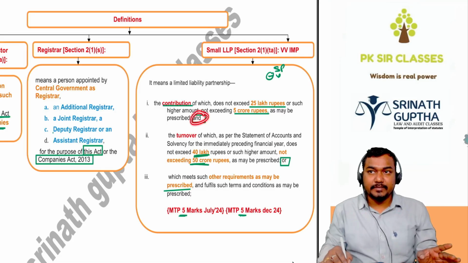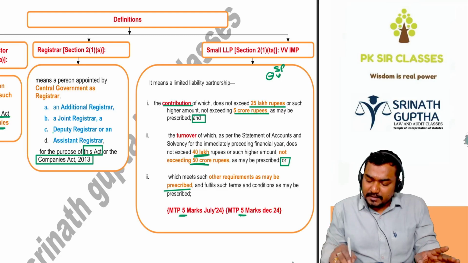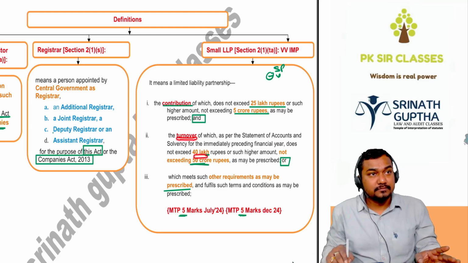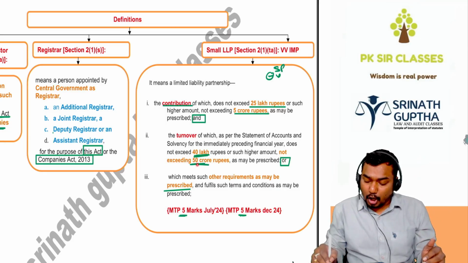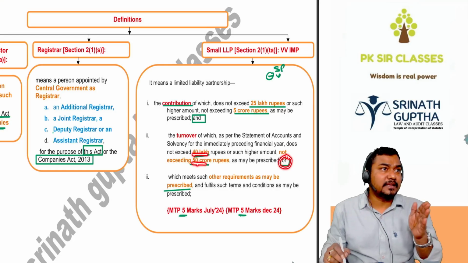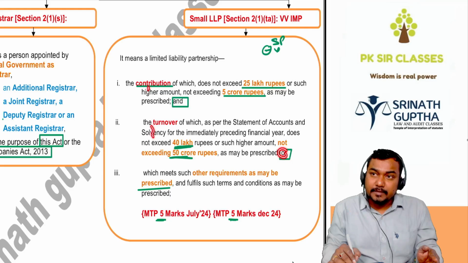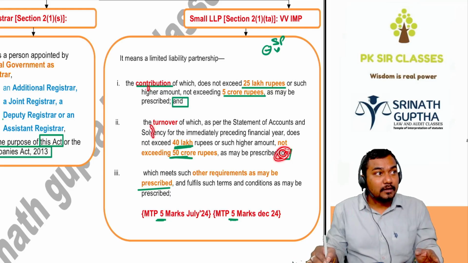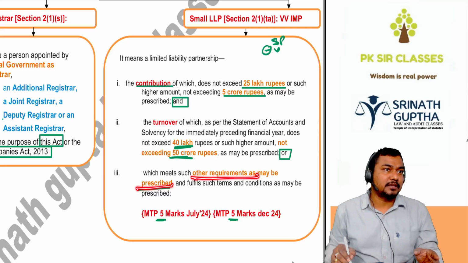Both conditions must be satisfied. Turnover should not exceed 40 lakhs, which can be increased up to 50 crores, or any other requirement specified by the CG in the future.